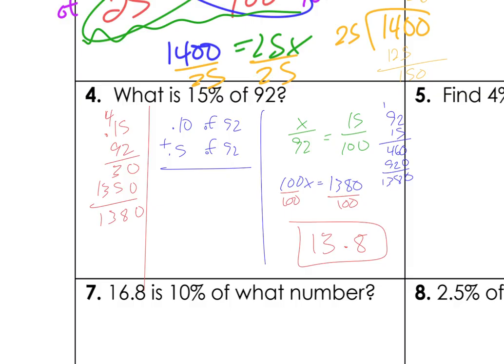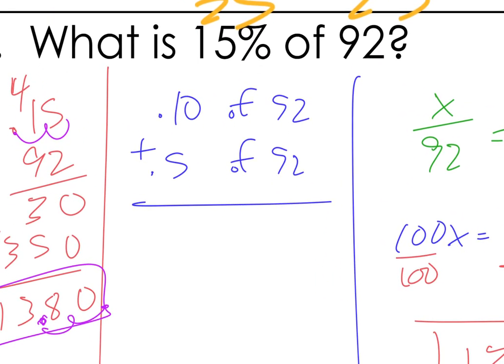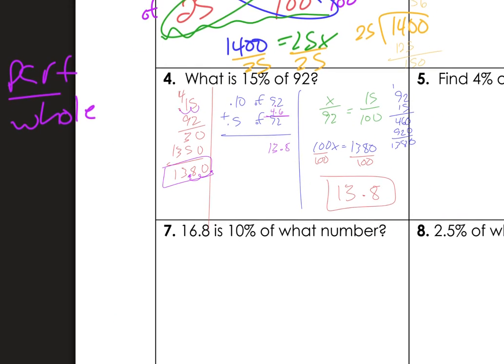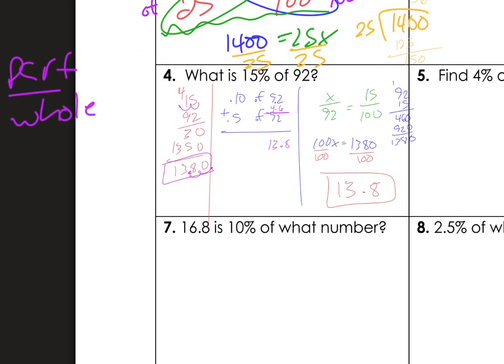No, I didn't go too fast because I have to move back twice. Move that. 13.8. Holy cow. 10% of 92 is 9.2. And half of that is 4.6. 9.2 plus 4.6 is 13.8. Oh my goodness. 3 ways to do that problem.